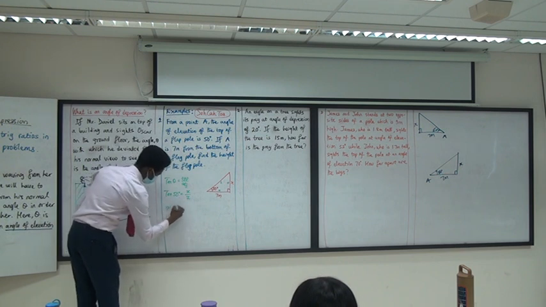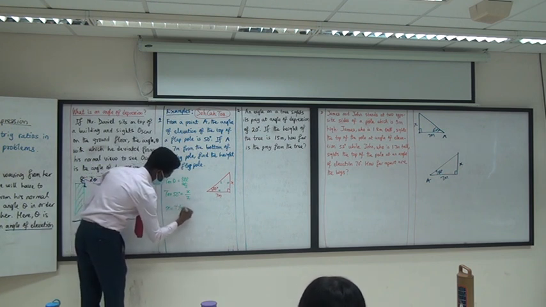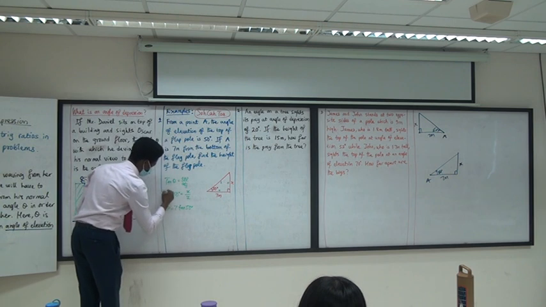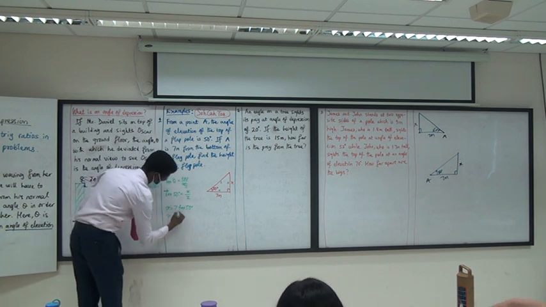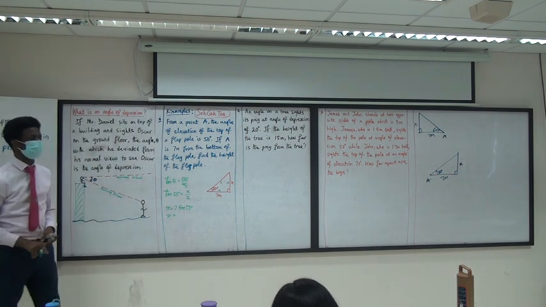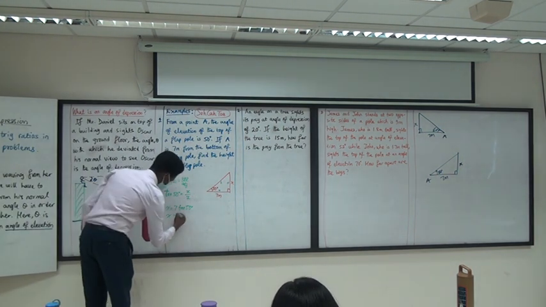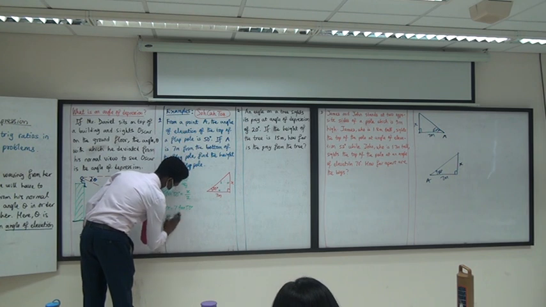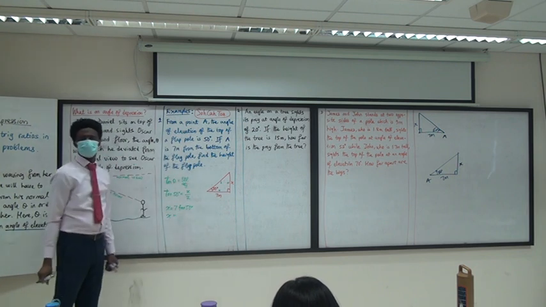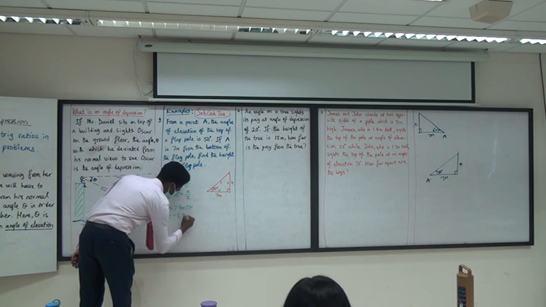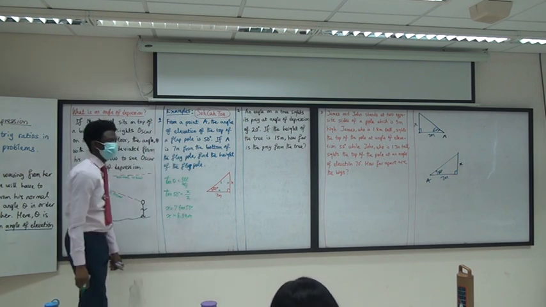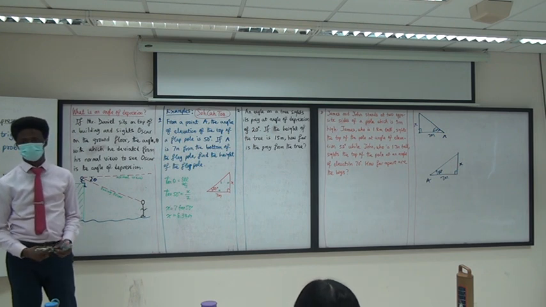Then x is 7 tan 50. I like consistency, so if I'm using a small letter, I use a small letter. Calculator. 5 point. 8.34 meters. Do I stop here?